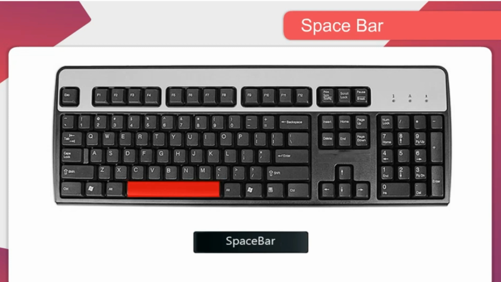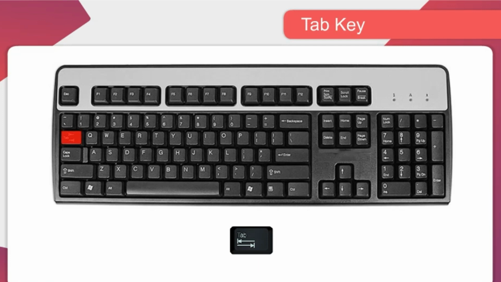The space bar, the long key in the lower center of the keyboard, is used to put spaces between words and sentences. The Tab key is used to push the typing along the line in specified distances. For example, if you wish to indent the first line of every paragraph, then it is wise to use the Tab key.